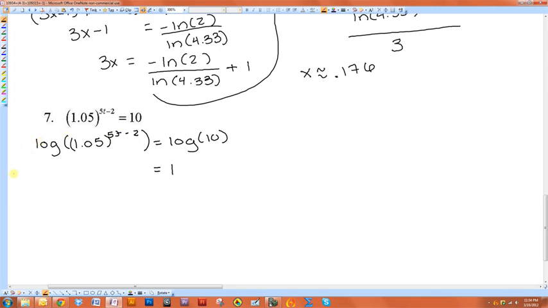I can bring this out to the front, so 5t minus 2 times the log of 1.05. Now you totally could have used natural log, it really doesn't matter, it's just a little easier. And I'm going to divide both sides by log of 1.05.